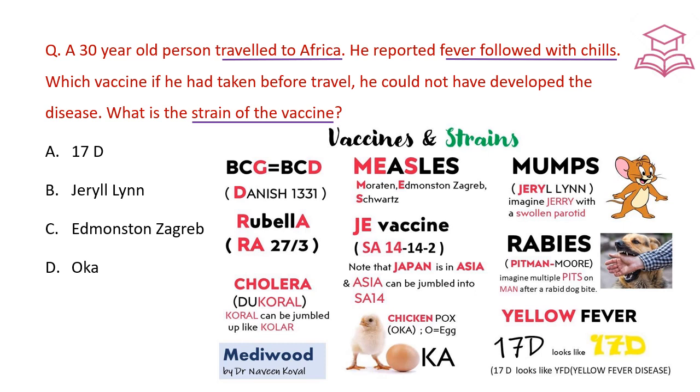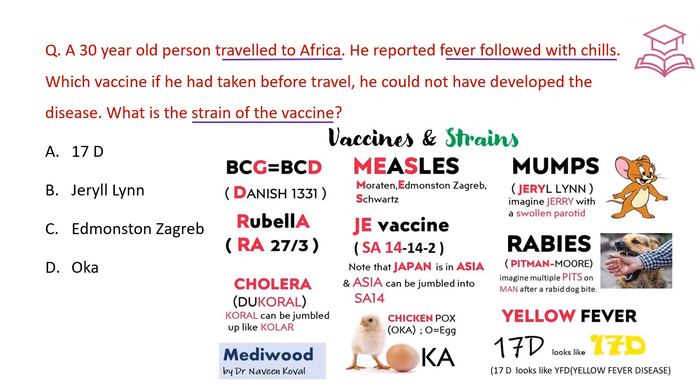You can see the strain of BCG vaccine is Danish 1331. BCG, if we write in order, it is BCD. D for Danish 1331. Now, measles. For measles, M, Moraten, then E, Edmonston Zagreb, and S, Schwartz strain.